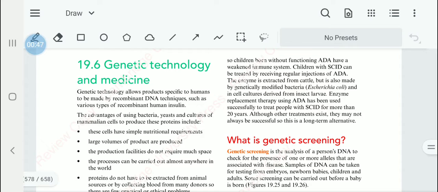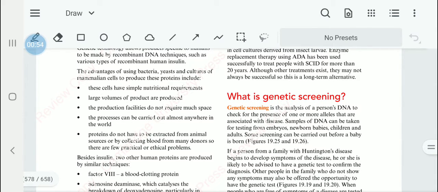So we discussed producing insulin earlier. The insulin was produced using bacteria, yeast, and cultures of different mammalian cells. There are different advantages of using these things. They have simple nutritional requirements, and they can produce the product in large amounts, and also the production facilities do not require large space.